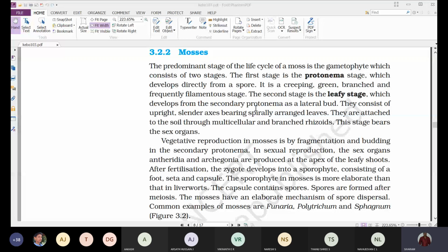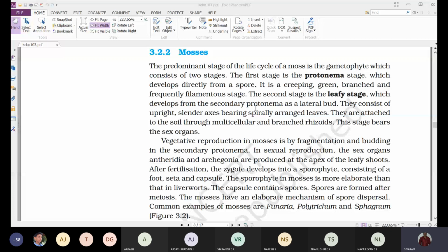That means the protonemal stage will look like the gametophyte of liverwort. That is, it is creeping.